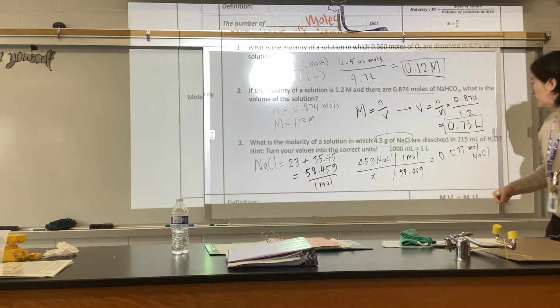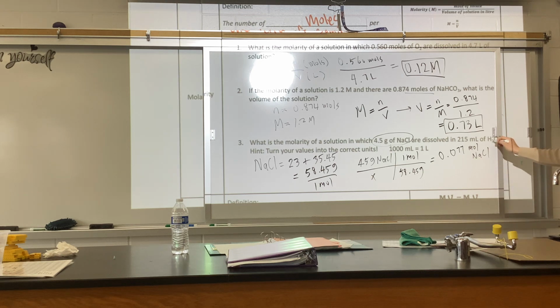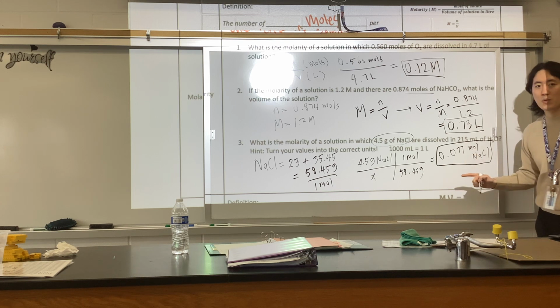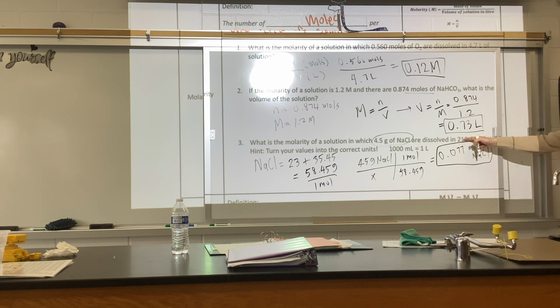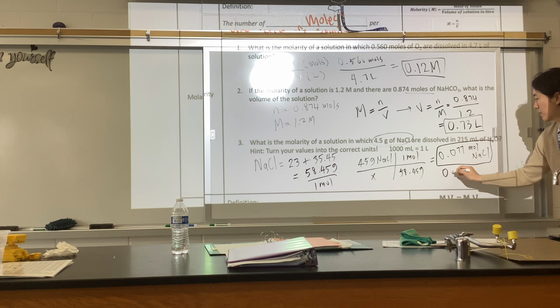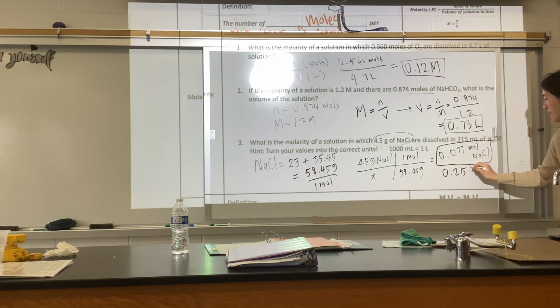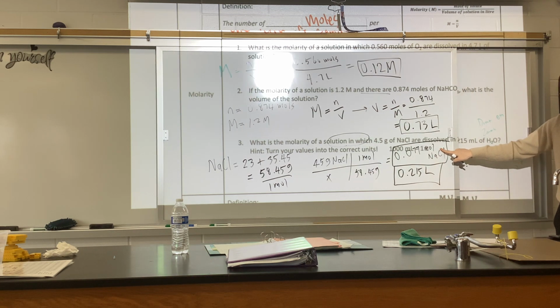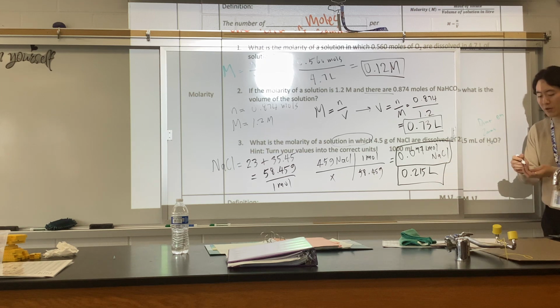Okay, so I'm gonna go ahead and circle a couple of things. I know it's getting really messy here, right? So that is my number of moles, and I know my volume, which is 0.215 liters, guys, not milliliters. What do I do now? That's it. Take moles and divide it by 0.215.